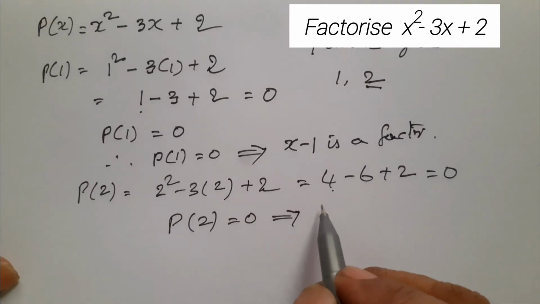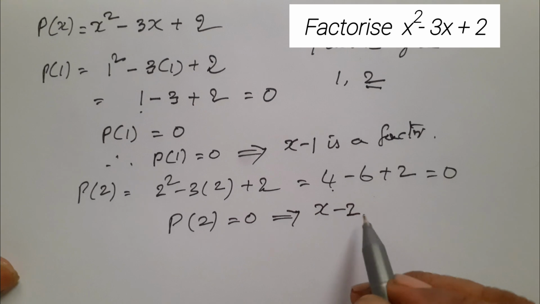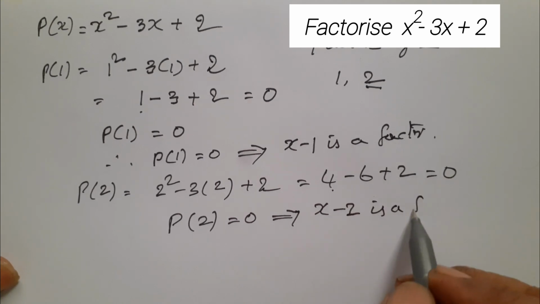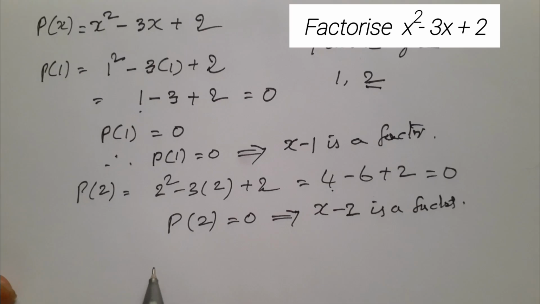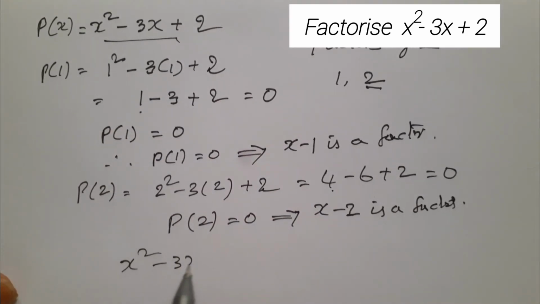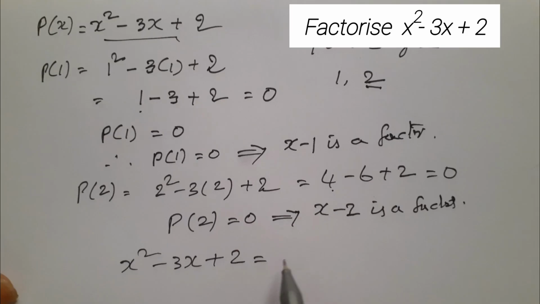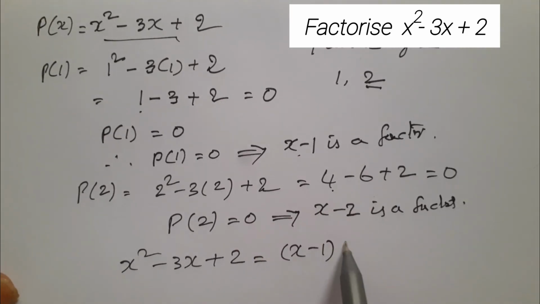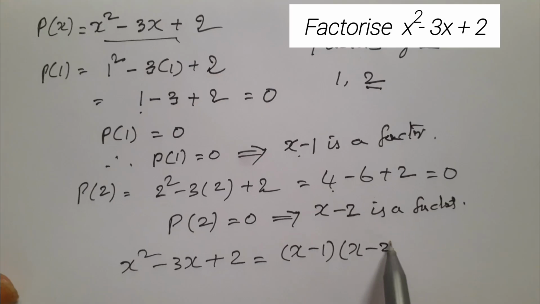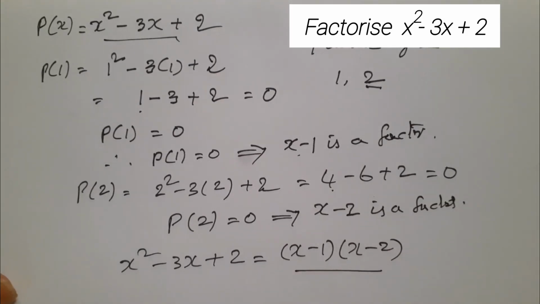Again, as per the factor theorem, it implies x minus 2 is a factor. So therefore we can write x square minus 3x plus 2 equal to x minus 1 into x minus 2. These two are the factors.